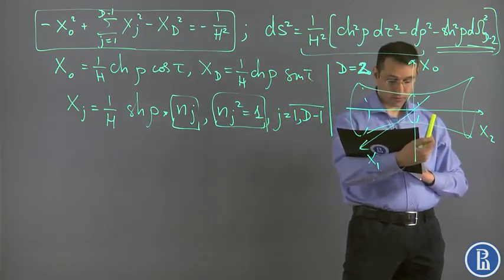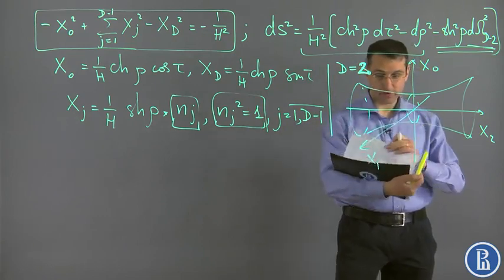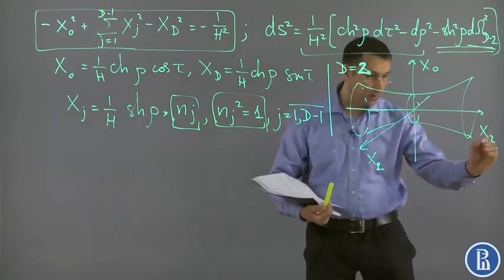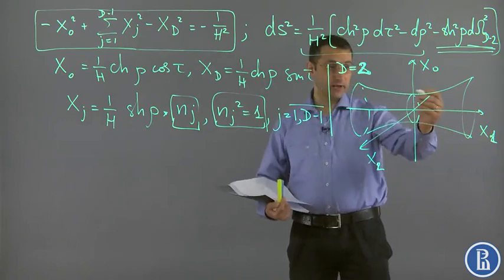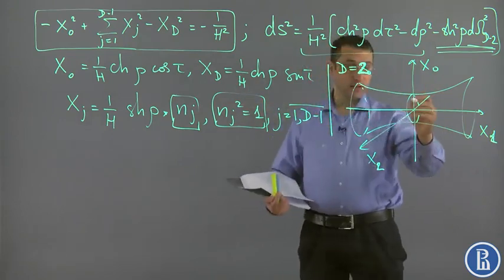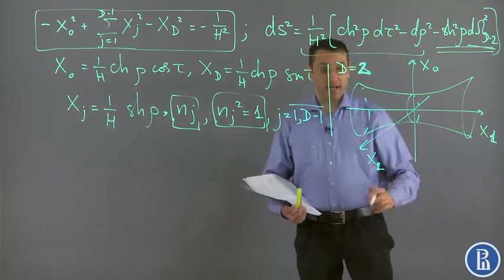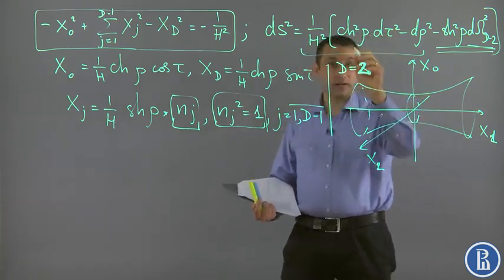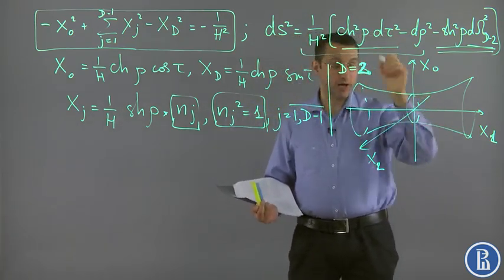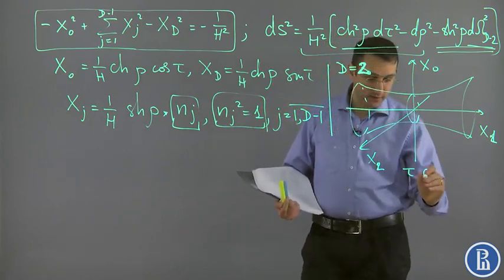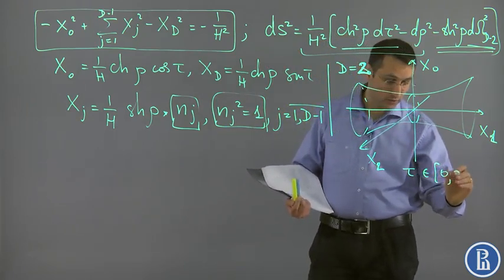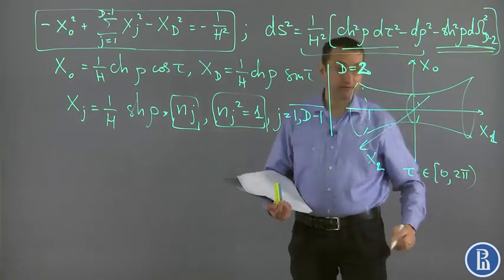Better to say that actually this is x2 and x1, because in x0 and x2 we have a circle. And that is already seen here. This tau, which is time, is ranging from 0 to 2 pi. So we have a compact time.